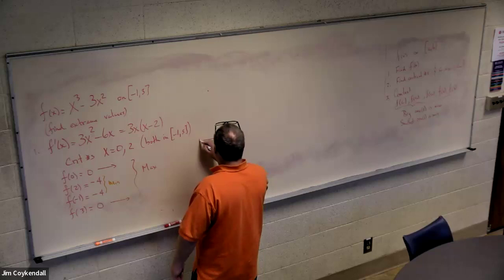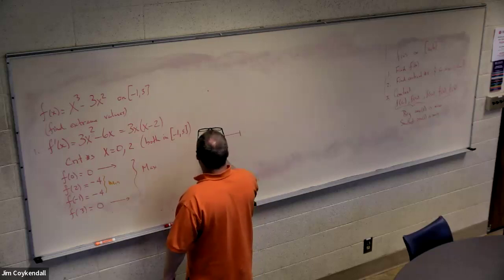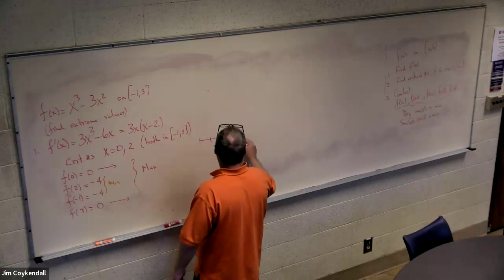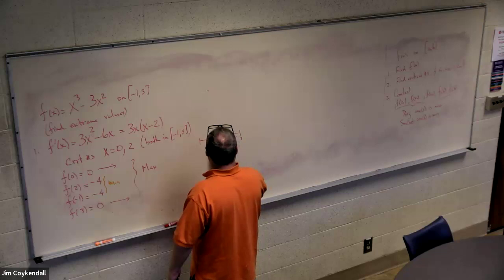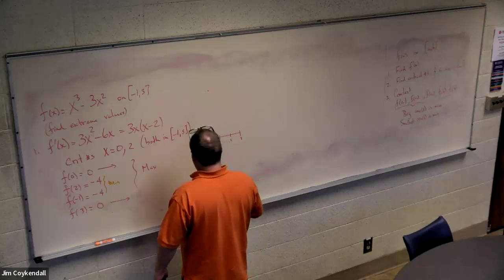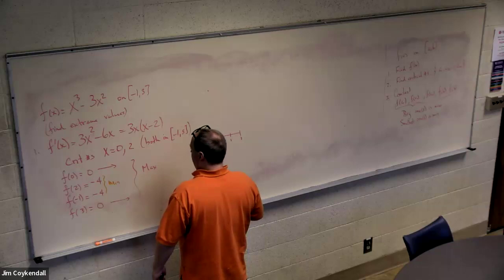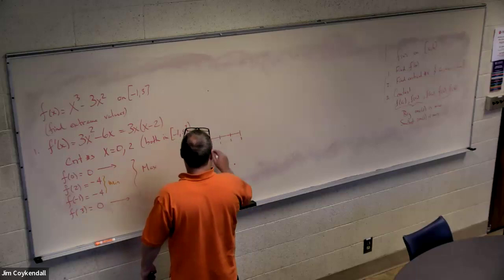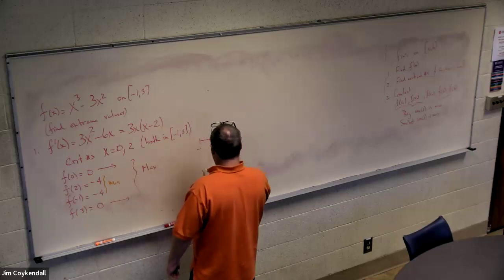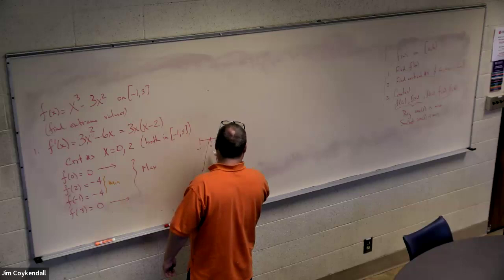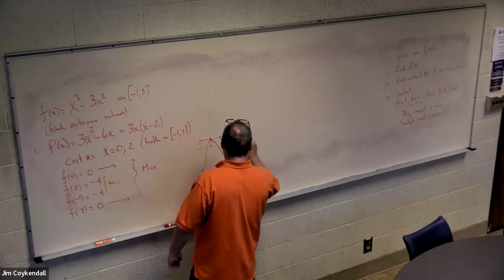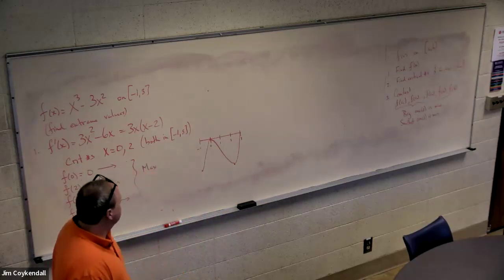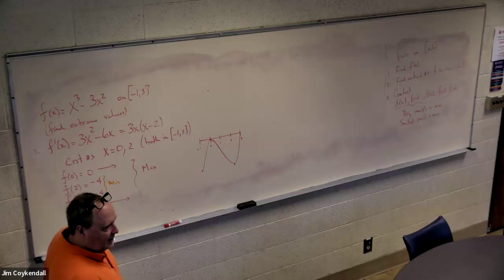So if I were to sketch this, -1, 0, 1, 2, 3. At -1, it's -4. At 2, it's -4. And at 0 and 3 it's 0. So it looks something like this.